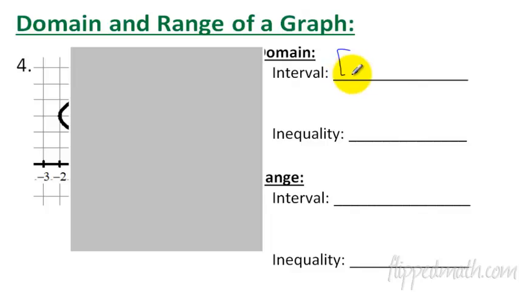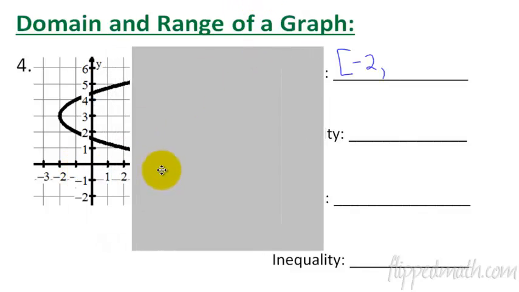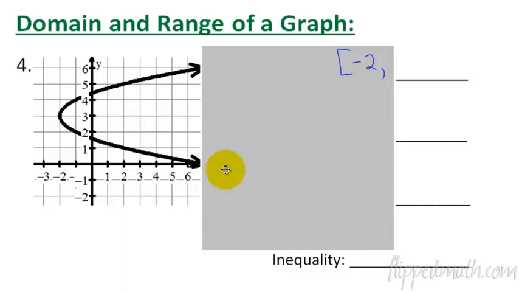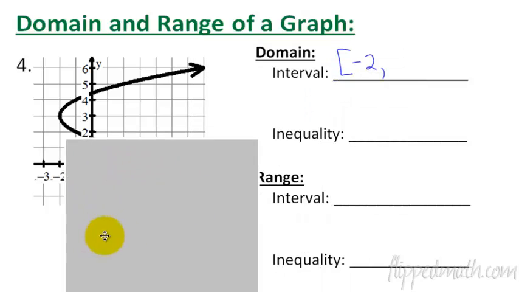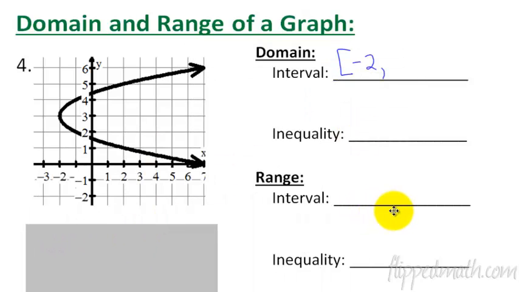So we're going to say bracket -2, comma, and how far does it go? It keeps going to the right, it keeps going. So we're only looking at x values, and the x values keep going forever and ever and ever and ever off to the right. So it's just like example number 3, and this one goes to infinity.